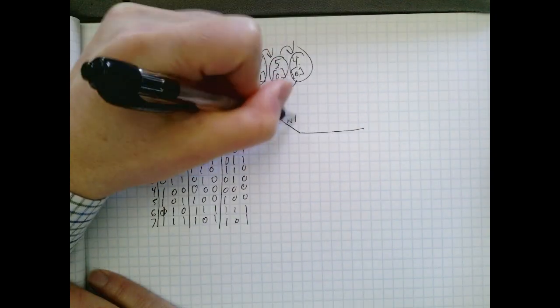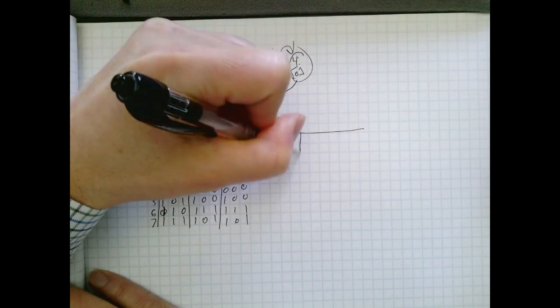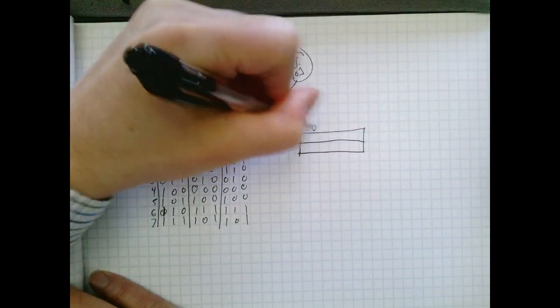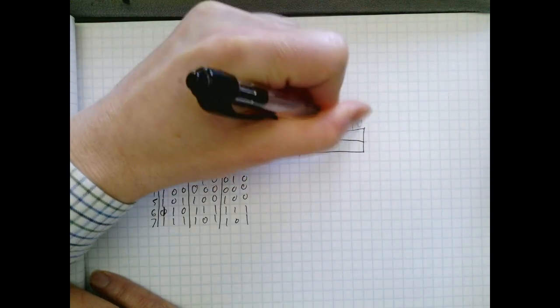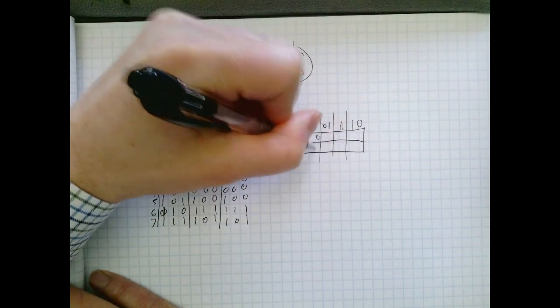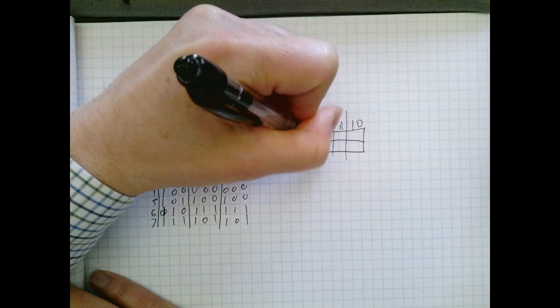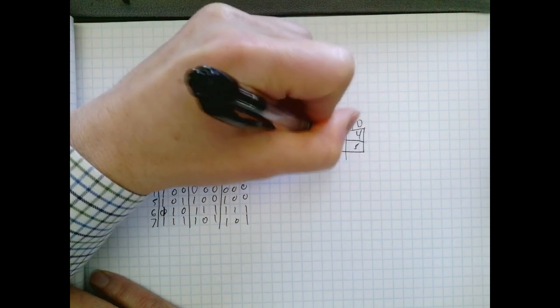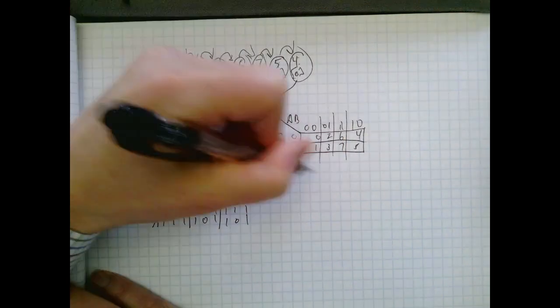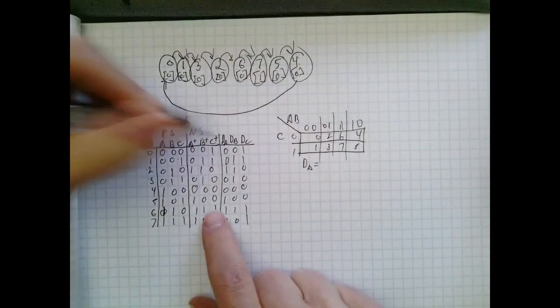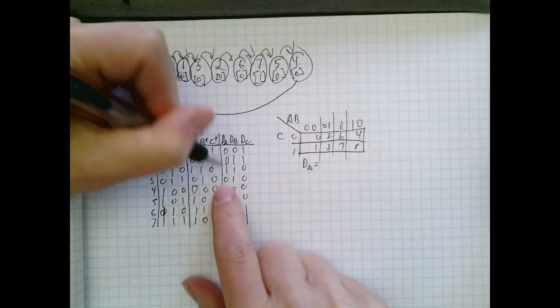So this is A, B, and C. And we'll just write 0, 0, 0, 1, 1, 1, 1, 0. And we'll do D sub A equals, and now we can write out the truth table.